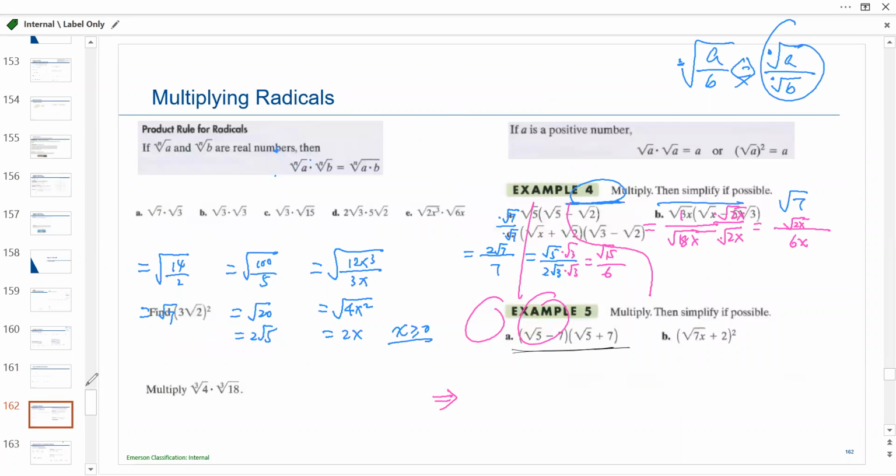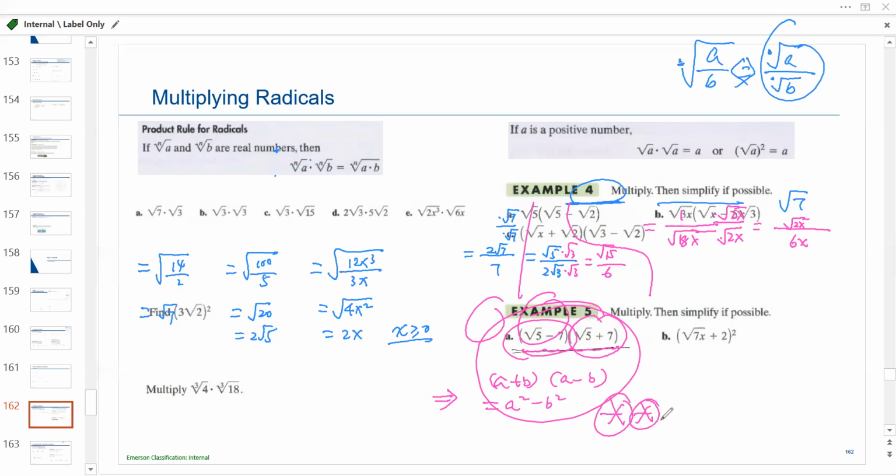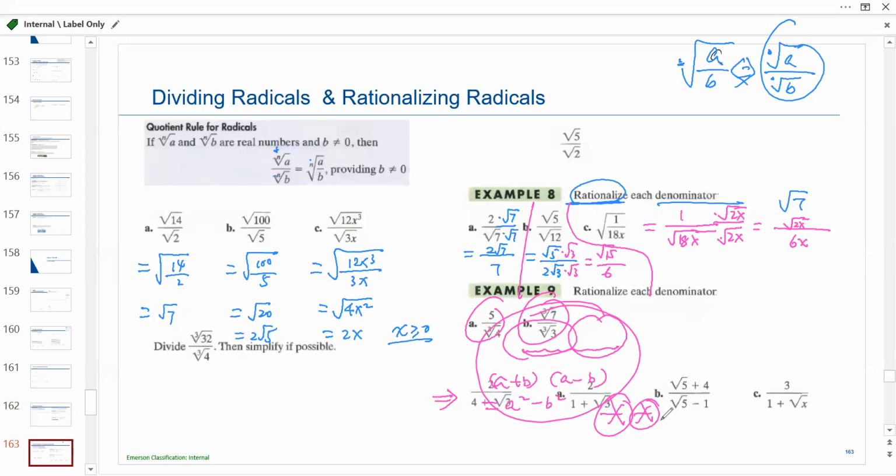This is a very good example. When you multiply a plus b by a minus b, it equals a squared minus b squared, right? That's a very, very good example. So let's go back and see this situation, and how we can make it rationalized.